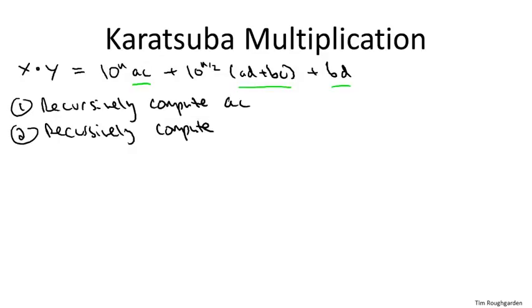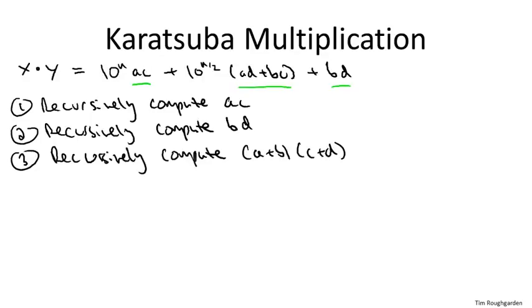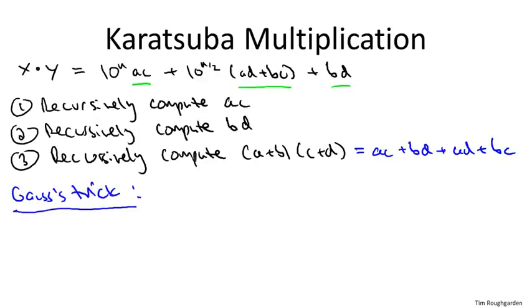The third step is the clever one, where we recursively compute the product of the quantity A plus B with C plus D. Now, expanding, what are we going to get when we recursively compute this product? We're going to get AC plus BD plus AD plus BC. And here is Gauss's trick, or observation, which is that the result of the third recursive call minus each of the first two, what happens?